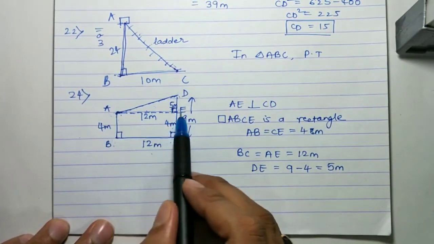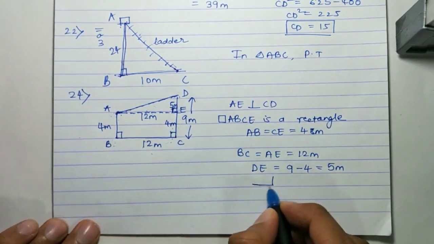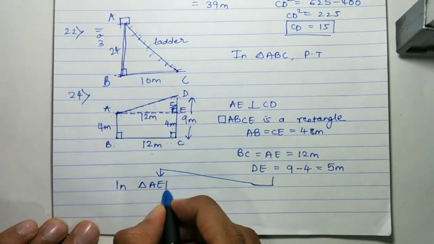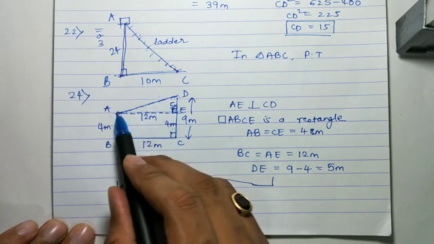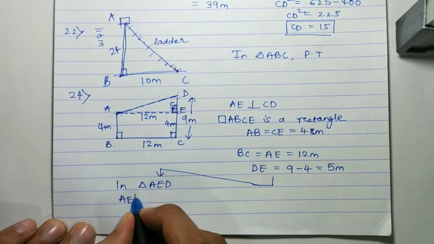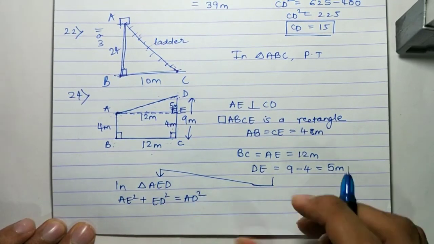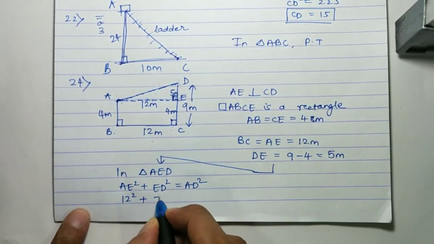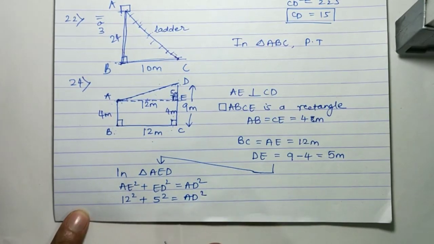Now in this triangle AED, this AED triangle, this is 90 degrees and side opposite to 90, AD is the hypotenuse. So AE square plus ED square equals AD square. Okay, that means 12 square plus 5 square equals AD square.